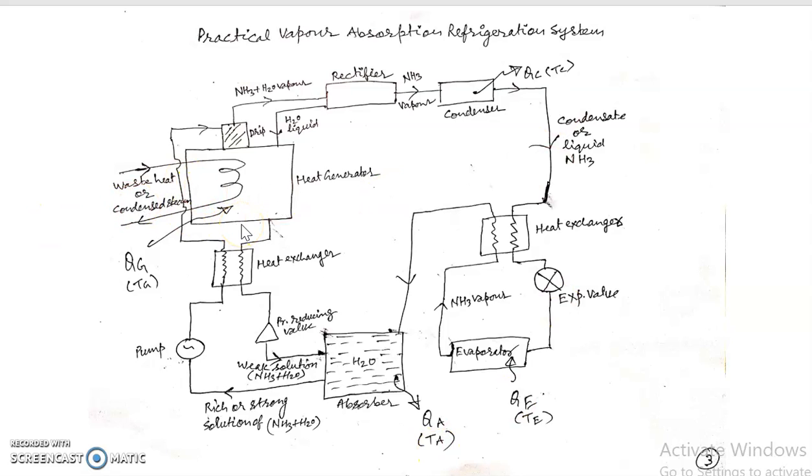And the fourth heat involved in this system is QG, the amount of heat supplied to the heat generator to separate out ammonia vapor from the rich solution, and this heat is supplied at a constant temperature of TG. So in this vapor absorption refrigeration system, 4 heats are involved at different temperatures.